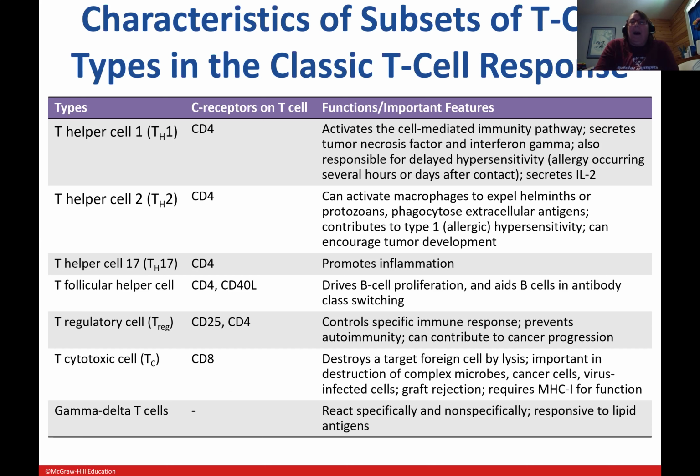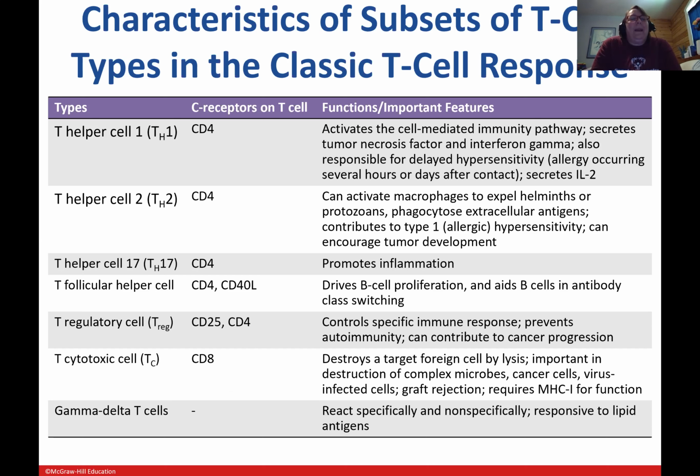It phagocytoses extracellular antigens, and it contributes to type 1 allergic hypersensitivity and can encourage tumor development. So again, you have to be careful. This Th2 also starts off the antibody, the B cell antibody reaction. So it's a good thing, but it can be a bad thing in the wrong situation.